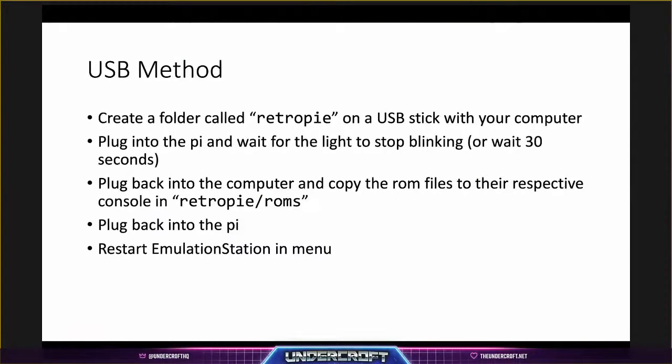So let's just quickly jump into what that USB method is. We were experimenting with it a little bit earlier, and it's very specific. You start out with it in your computer, you create this folder called RetroPie, a blank folder, and then you plug it into the Pi, and what the Pi does is it initializes that folder and adds a bunch of content to it.